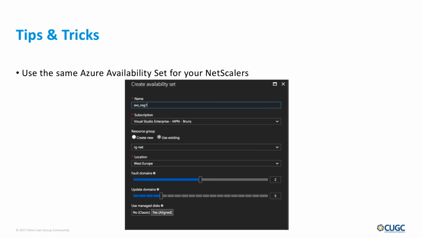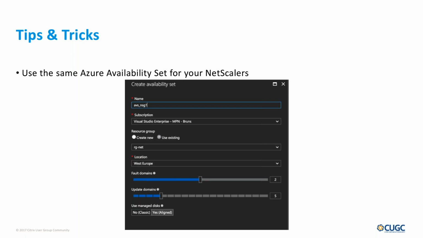Another important thing for me is to make sure that your NetScalers in Azure are running in the same availability set. An availability set is a set of virtual machines, and Microsoft will make sure that they are not running on the same compute and storage resources in Azure.